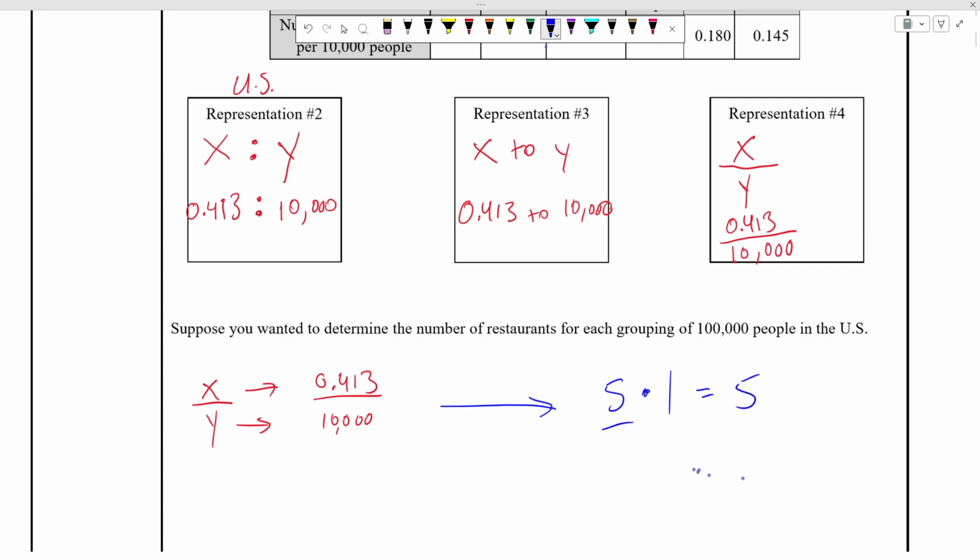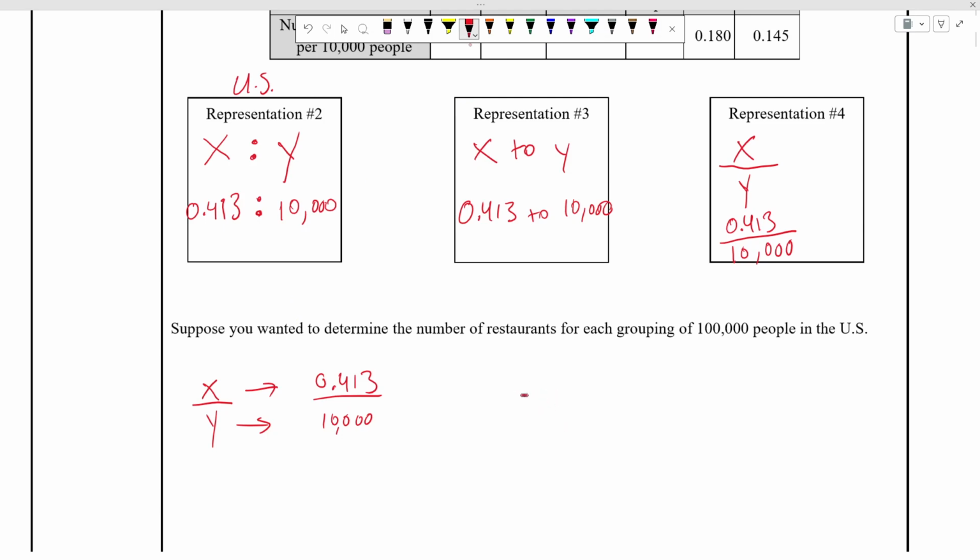Thus, if we manipulate mathematical expressions and equations by multiplying things by the number 1, then that appears to be a valid mathematical application that we can do. So perhaps I can get some sense as to the question here, each grouping of 100,000, by multiplying things by the number 1.